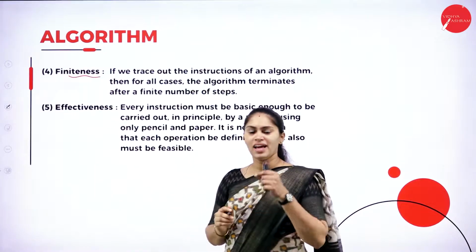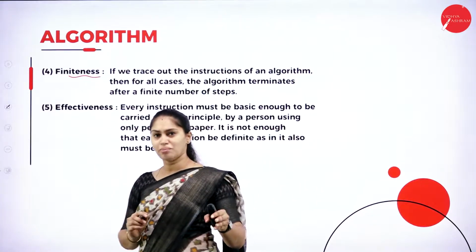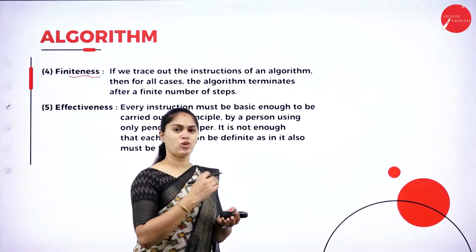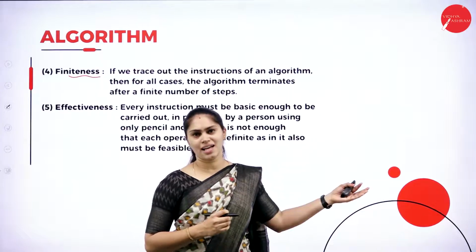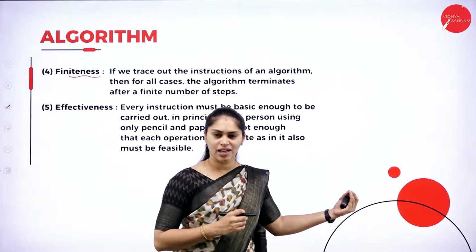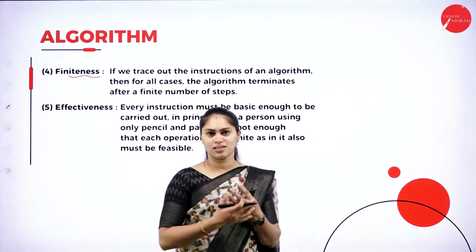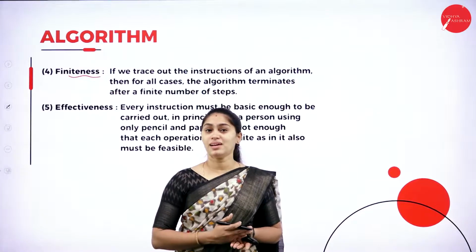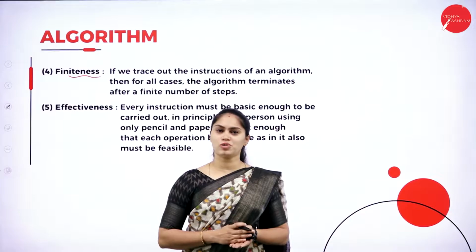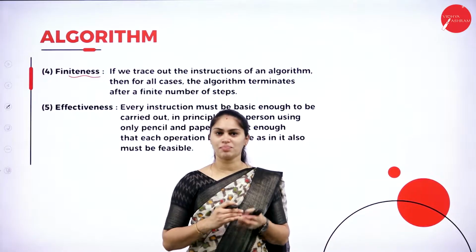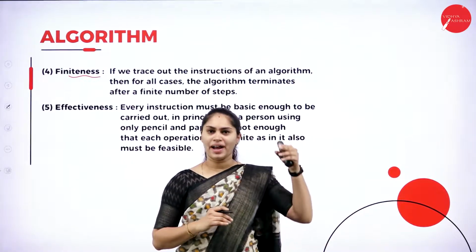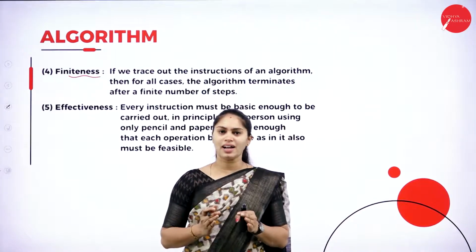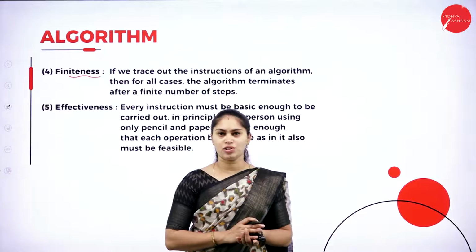And also it includes finiteness. As I told, if I want to add two numbers or subtract two numbers, we know that it will take the input first. First it has to start, then it has to take the input, then the addition of two numbers has to take place. After that, it has to display the resultant. At last, we stop the algorithm. So it requires only 5 steps in order to solve the addition or subtraction of two numbers.